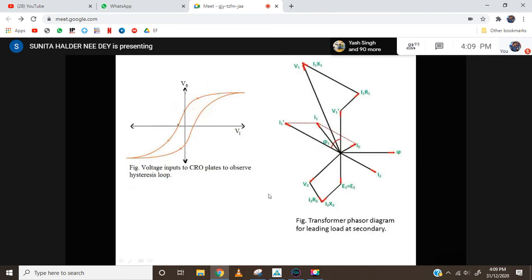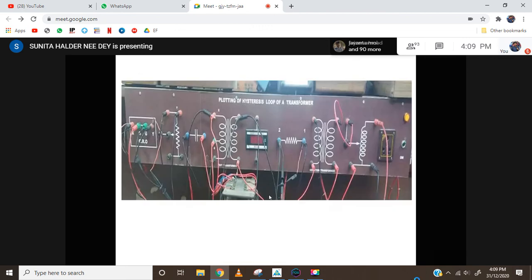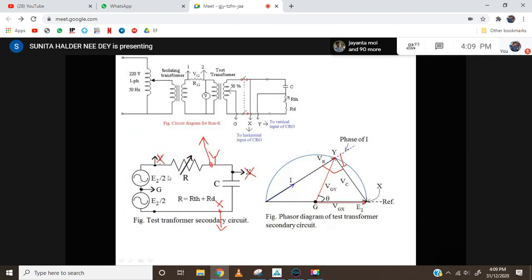So on the x-axis, we can get this one. Now we have to find one voltage which will be proportional to phi. Every voltage in the transformer secondary is proportional to phi because the induced EMF is 4.44 f N phi. All the voltages in the secondary, say in this RC circuit, are some part of E2, because total E2 is equal to the summation of VR and VC.